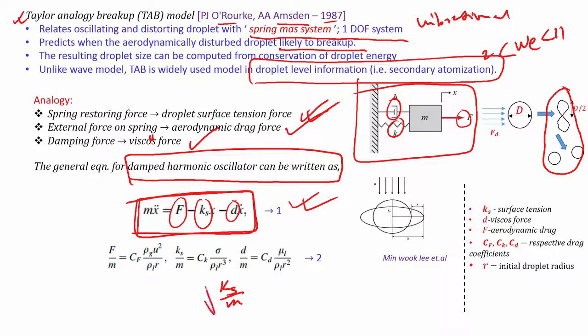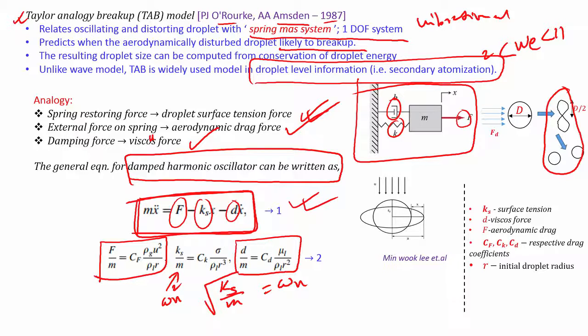The square root of Ks by m is usually given as the natural frequency of the system. So this term is nothing but omega n square. This is the natural frequency of the system, as you know from your vibration course, given by the square root of Ks by m. Similarly, d by m is the damping, and f by m is basically the forcing.